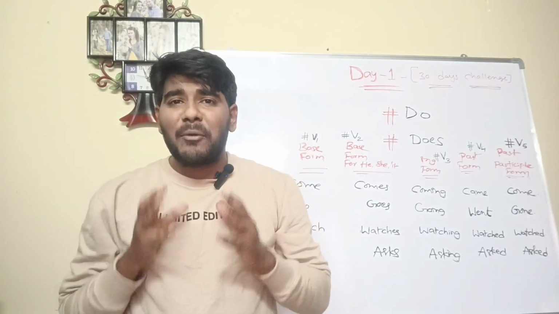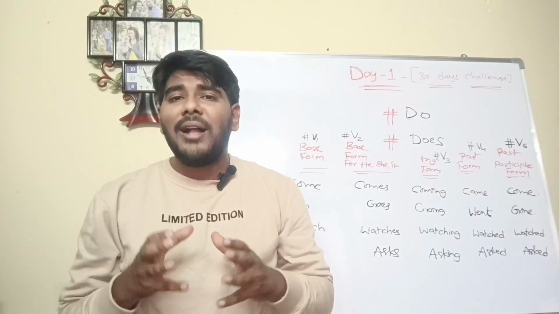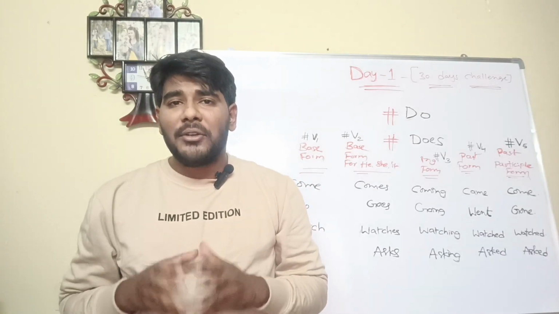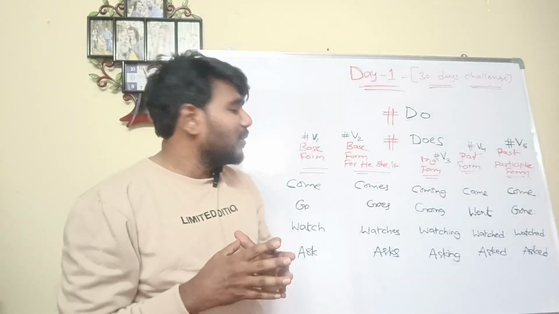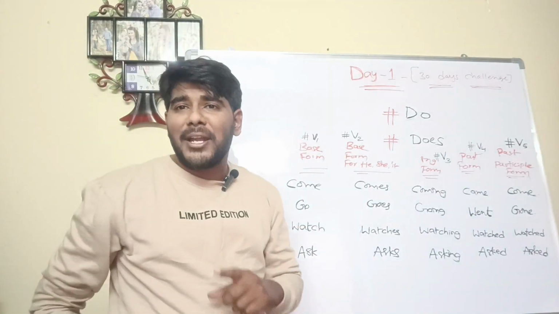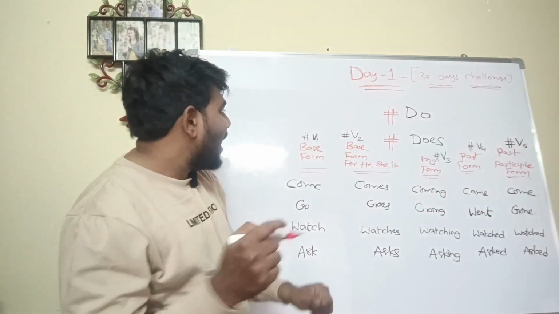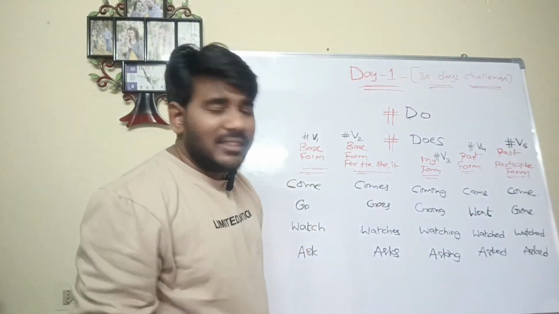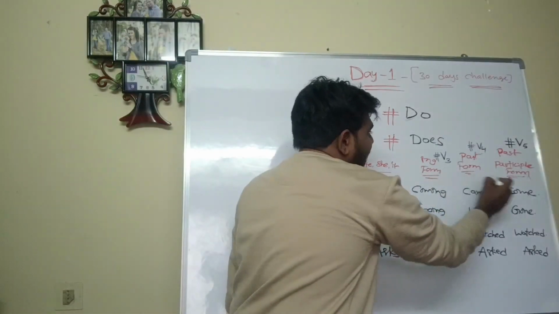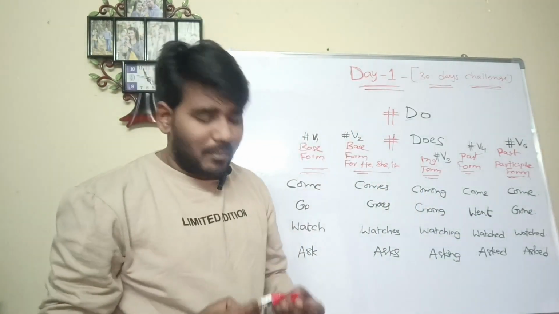Before I begin, I would like to take you through a small table that consists of types of verbs in detail. If you see the table here, the verbs have been categorized into 5 different types. If you have a look at the base form, the form for he, she, it, the ing form, past form and past participle form.